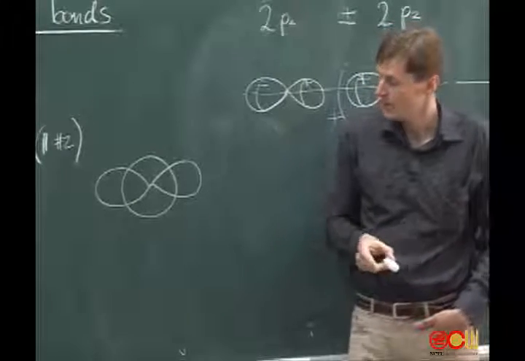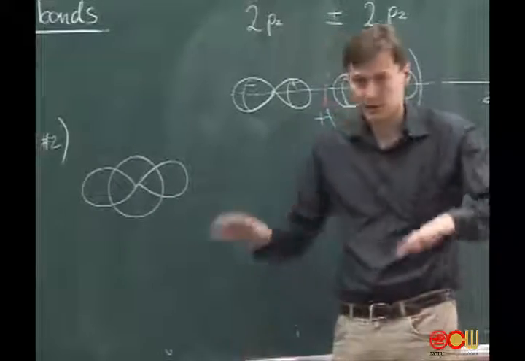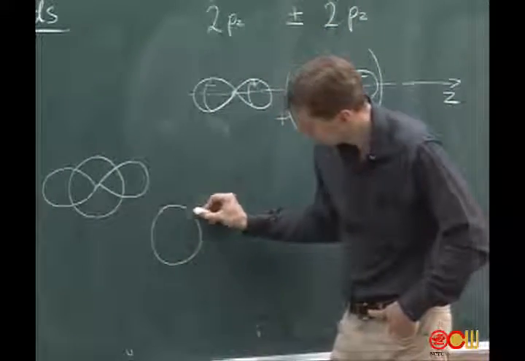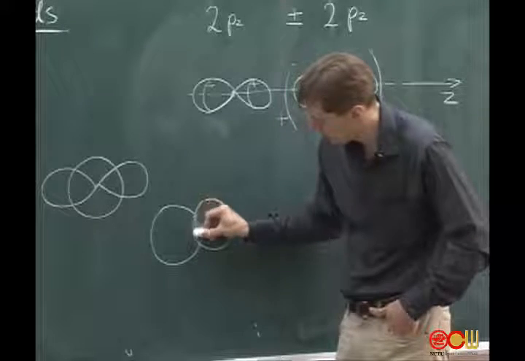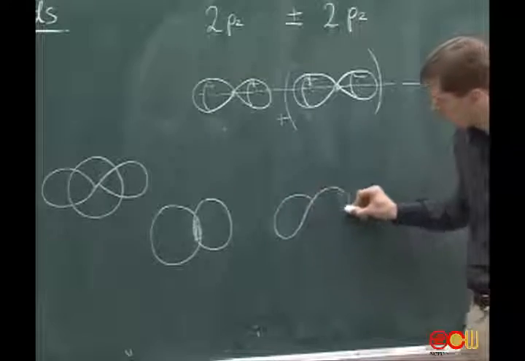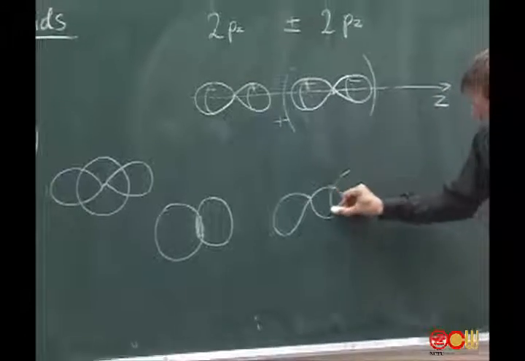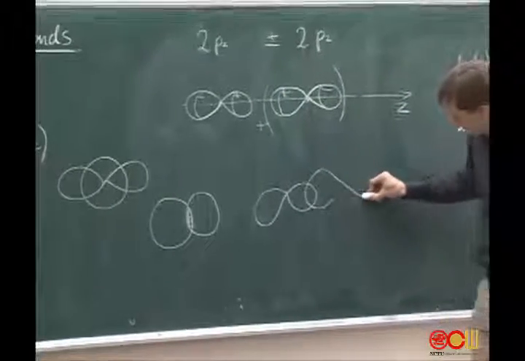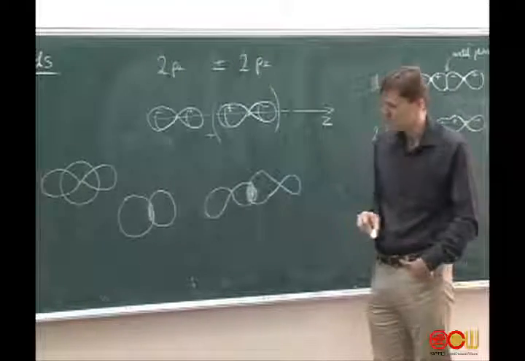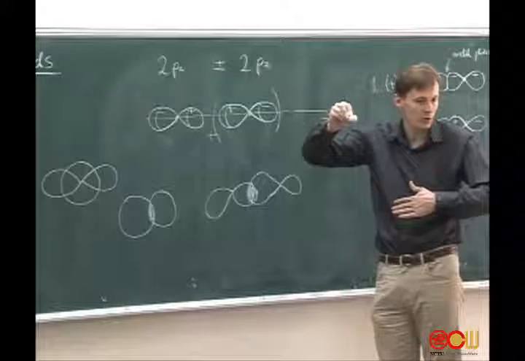So, if you overlap two s orbitals, the overlap looks like that. There is only a small region of overlapping or reacting. But when you put together two p orbitals, the overlap is larger and the interaction is larger, and the energy should be separated more.